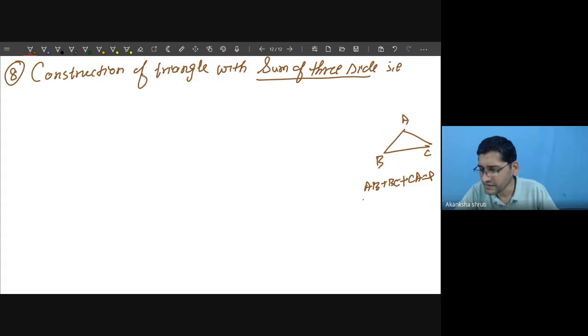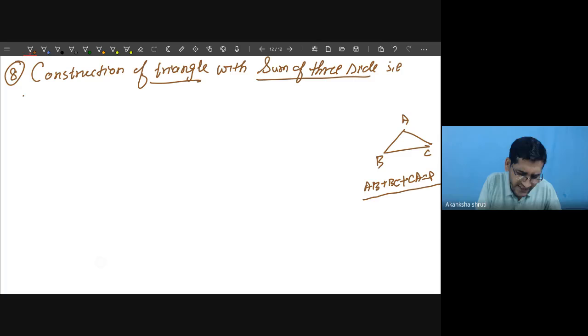No one is knowing? Okay, you people are brilliant. We have learned in Heron's formula, the sum of the three sides or perimeter we first calculate. Means we have to construct a triangle with the sum of the three sides, that is the perimeter, known.